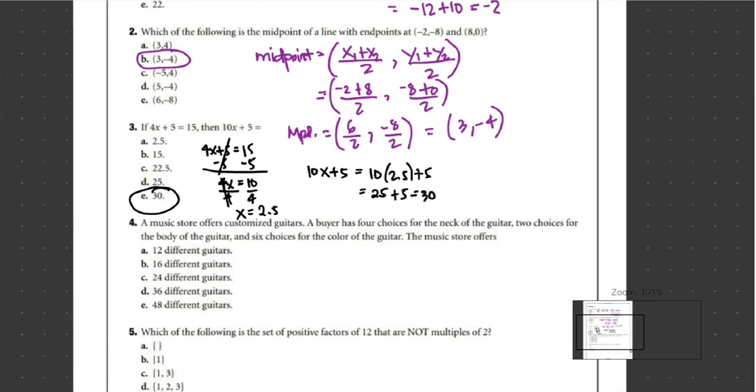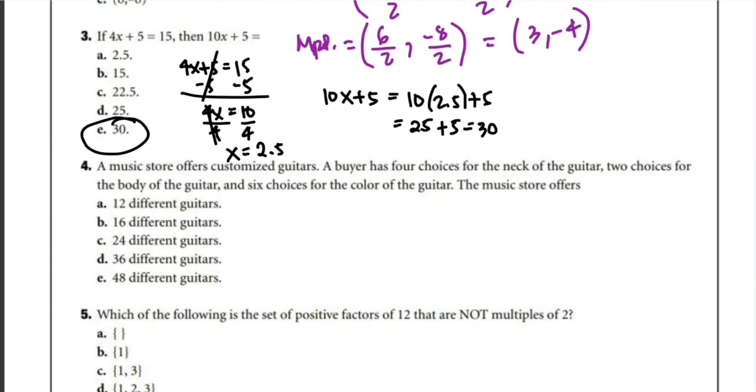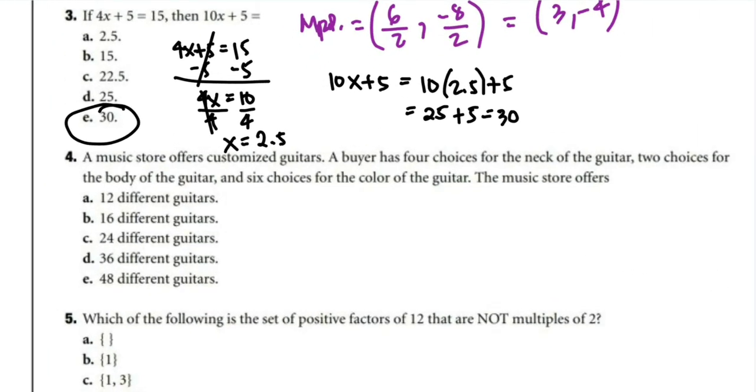Alright. For number 4, a music store offers customized guitars. A buyer has 4 choices for the neck of the guitar, 2 choices for the body of the guitar. Hold on. 4 choices for the neck, 2 choices for the body, 6 choices for the color.